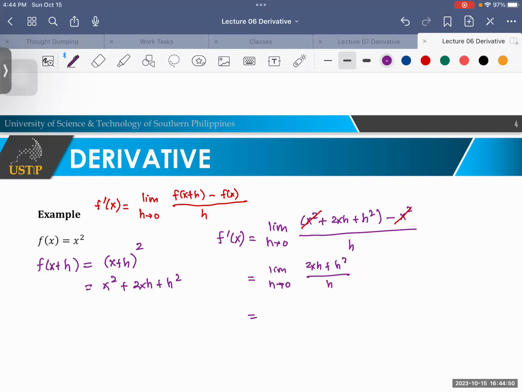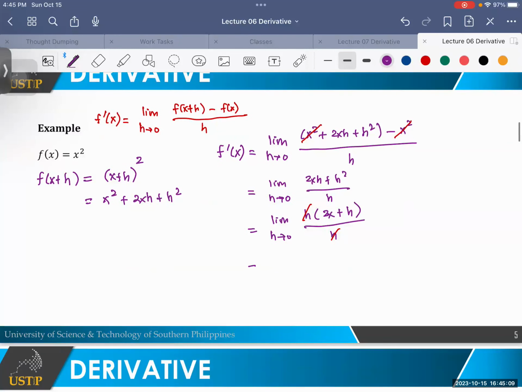How do we get rid of that? Look at the numerator, class, we can factor out h so that we can cancel the h in the denominator. With that h out, we have 2x plus h, all over h. So, cancel h. What remains, class, is the limit of 2x plus h as h approaches 0.